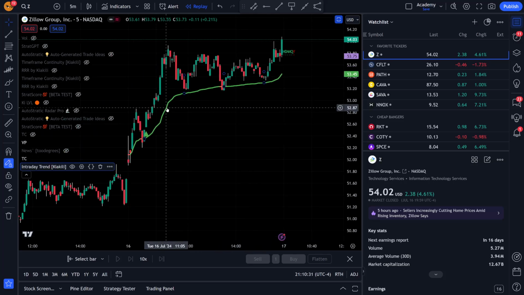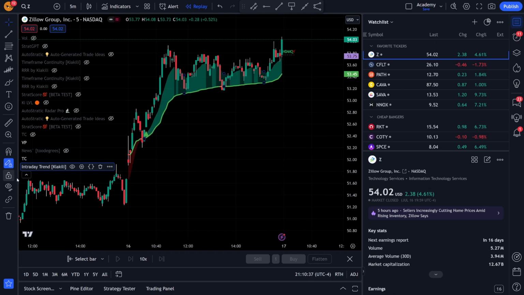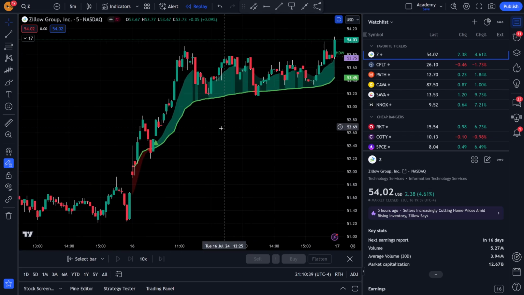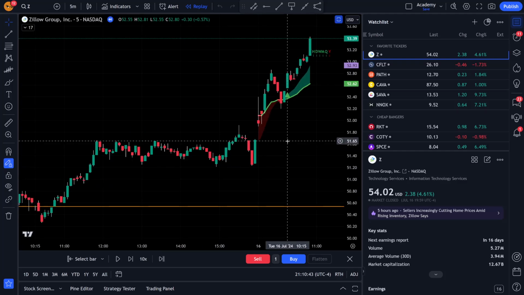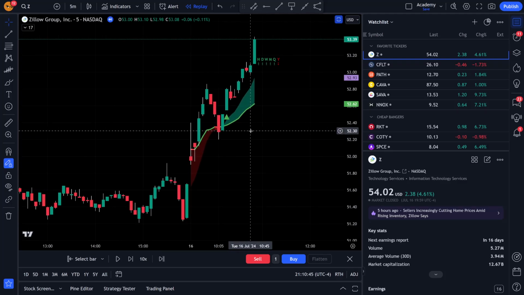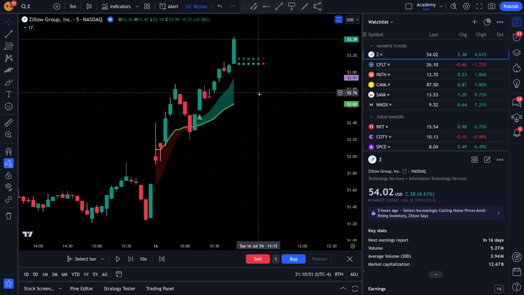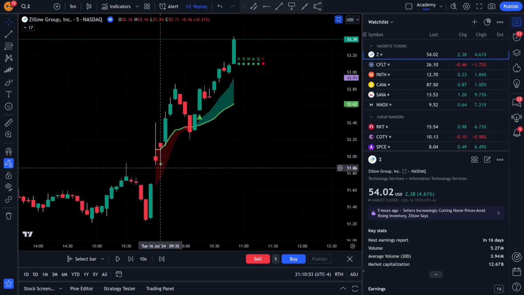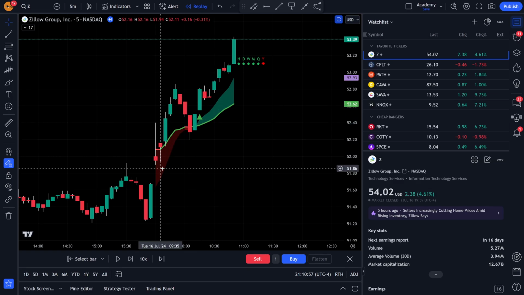But so the Intraday Trend Algo. We have this because it tells you how a stock is doing intraday, whether during the trading day we're currently bullish or bearish. If we're above the middle trend line, we're typically bullish. But the cloud tells you what the overall momentum is between buyers and sellers.